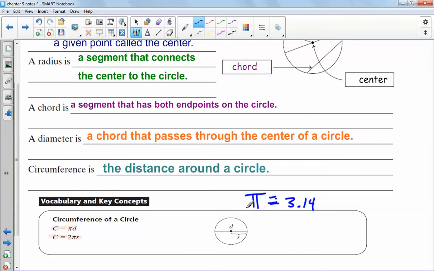So circumference is equal to pi times the diameter. Circumference could also be equal to 2 times pi times the radius. And this makes sense because we know that 2 radii equal 1 diameter. So if we know the radius, we could do 2 times r times pi. If we're given the diameter, we could do pi times diameter.